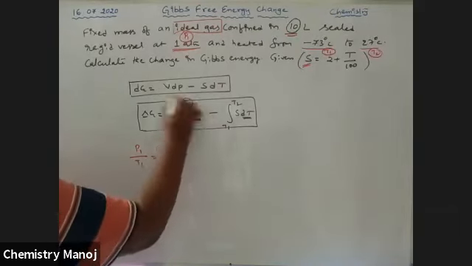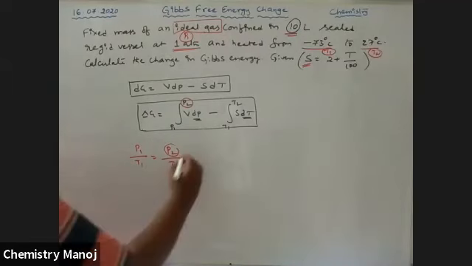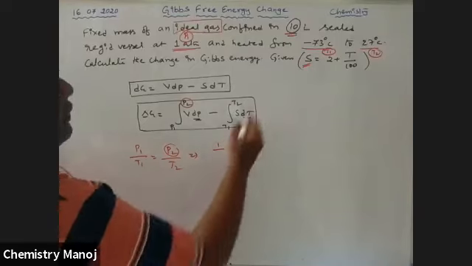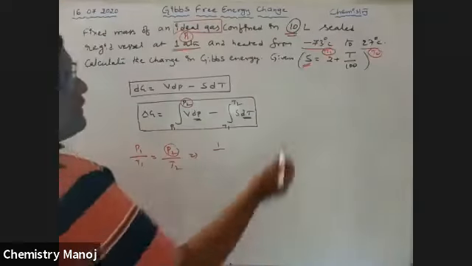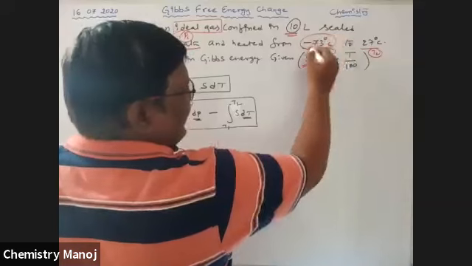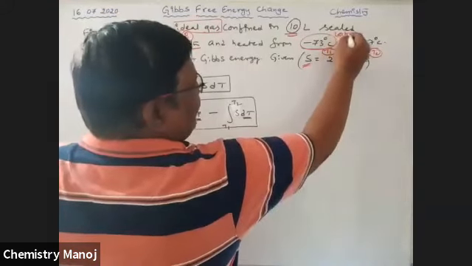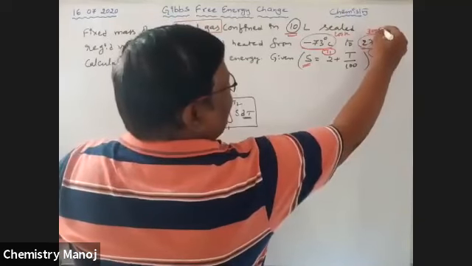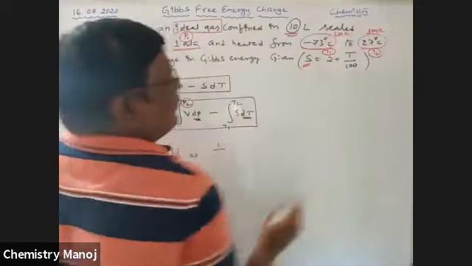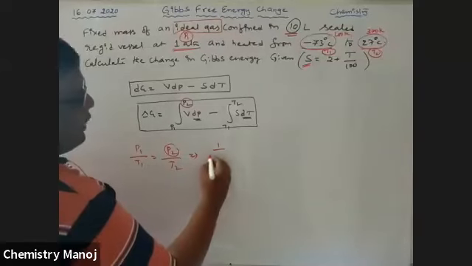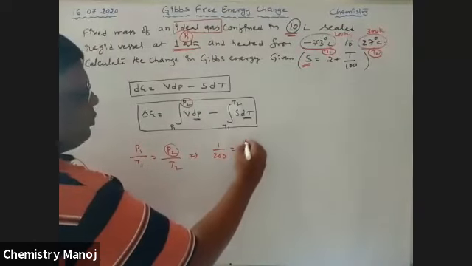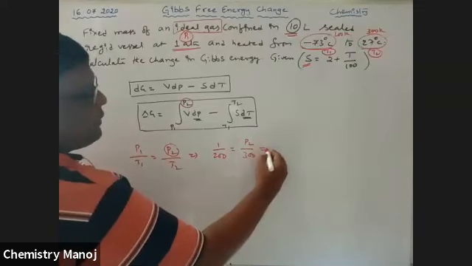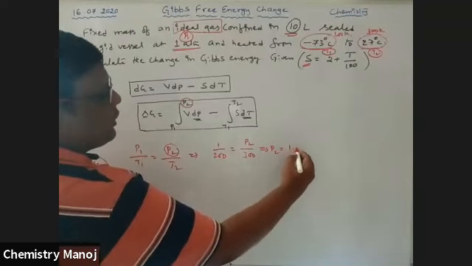P1 is 1 atmosphere. T1 must be in Kelvin: 273 minus 73 is 200 Kelvin. T2 is 273 plus 27, that is 300 Kelvin. So 1 by 200 is equal to P2 by 300. That implies P2 is equal to 1.5.